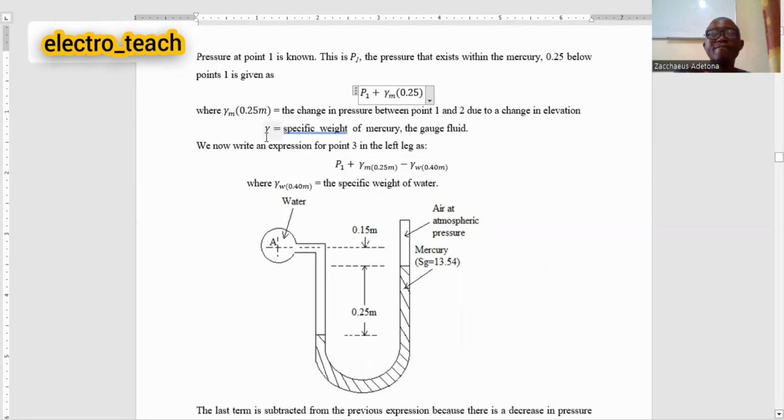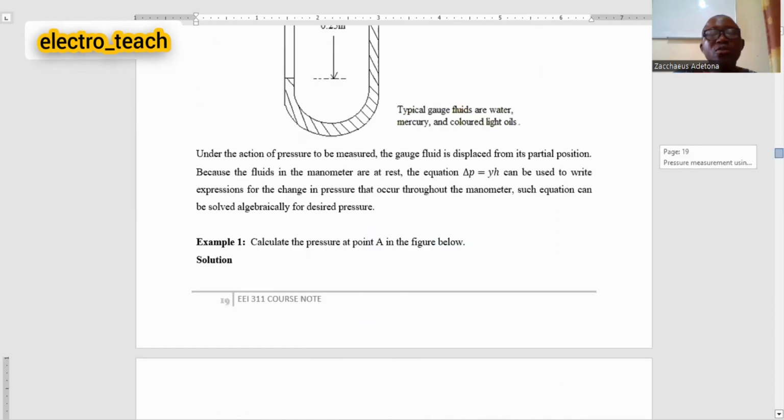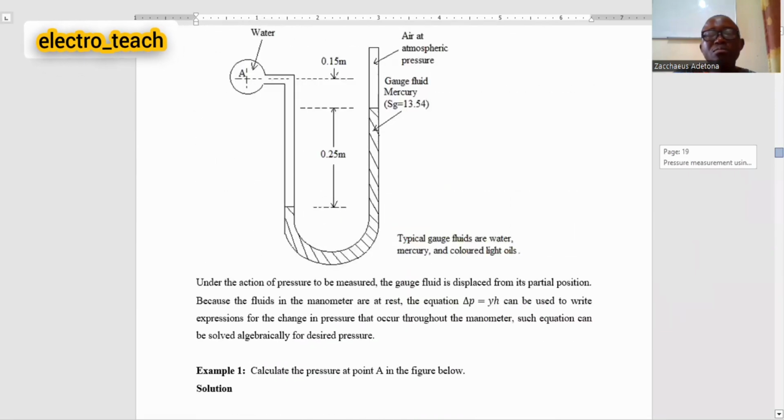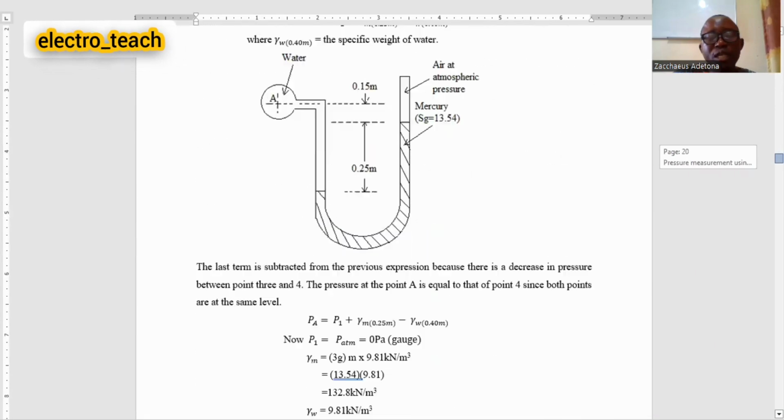Now we go ahead to look at the pressure at point 2. That is the level we reach now. The same pressure exists at point 3. If you look at the manometer, you see point 1, 2, 3. Point 3 is the one on the left-hand side of the manometer.